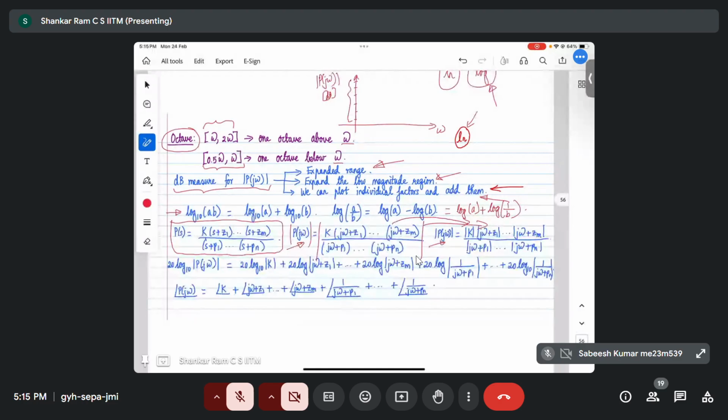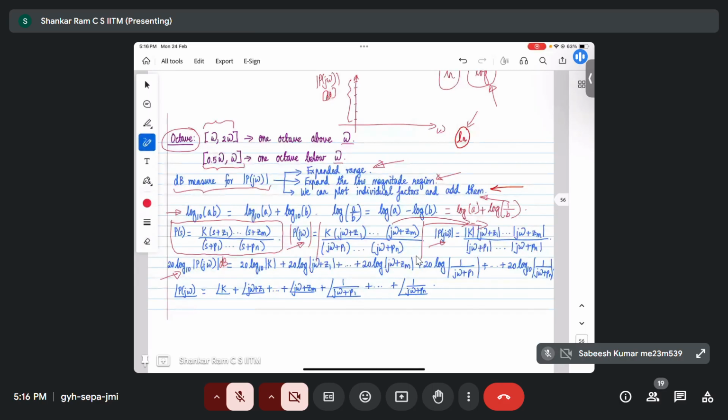Now, when we apply the above and we want to calculate 20 logarithm to the base 10 of the magnitude of P of j omega in decibels, we can start taking the magnitude of the individual factors, because log of a times b is log of a plus log of b.